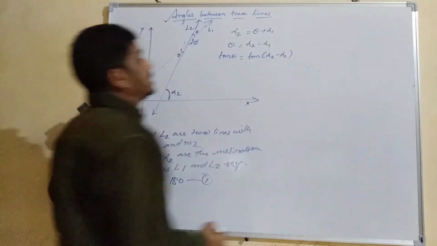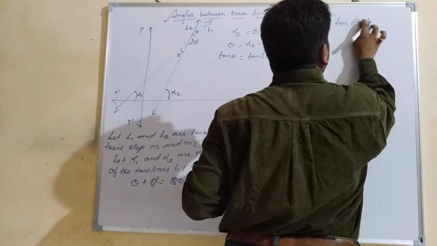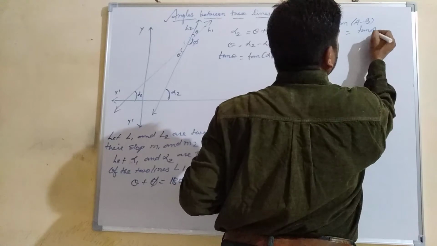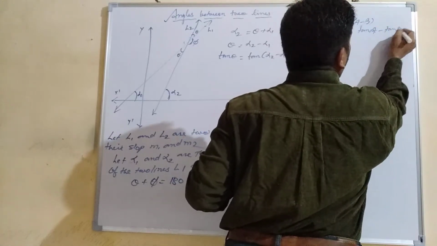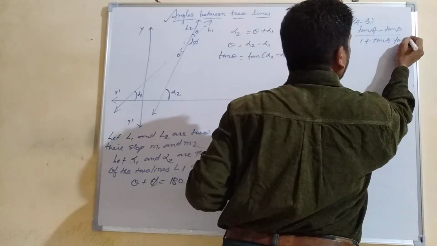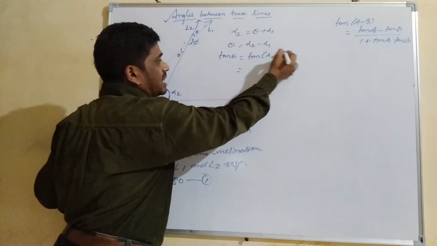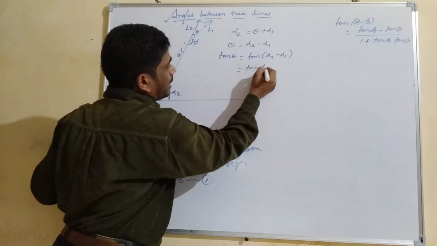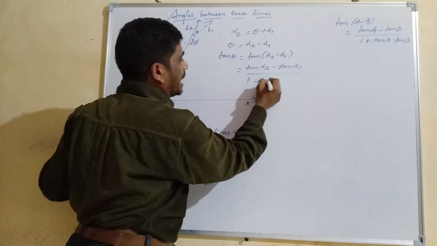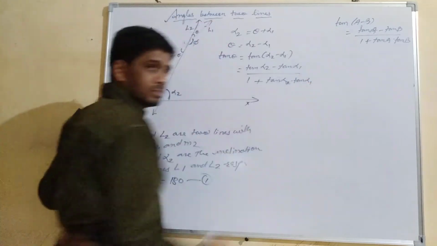Now we know that tan of A minus B equals tan A minus tan B upon 1 plus tan A into tan B. This is the formula which we learned in trigonometry, so here also we can apply that. This is A, this is B, so tan alpha 2 minus tan alpha 1 upon 1 plus tan alpha 2 into tan alpha 1.